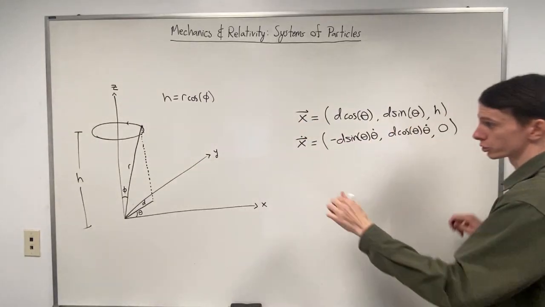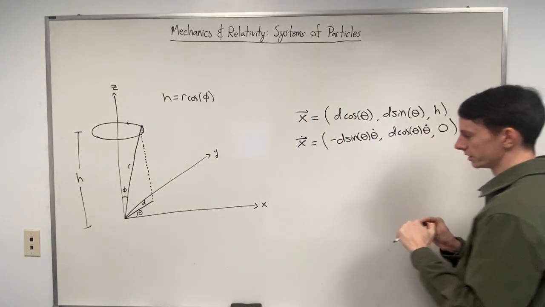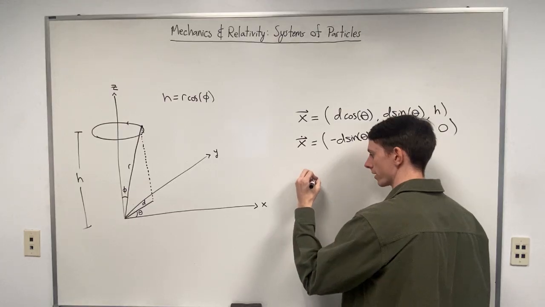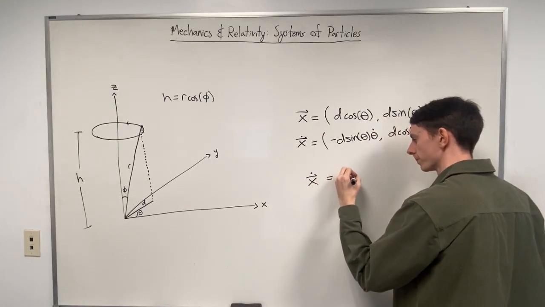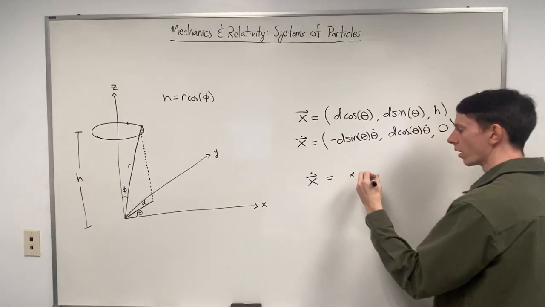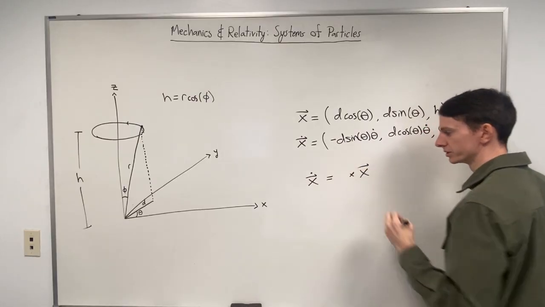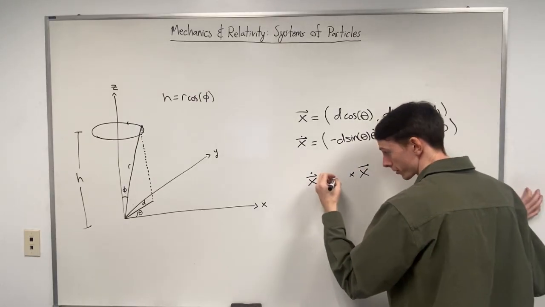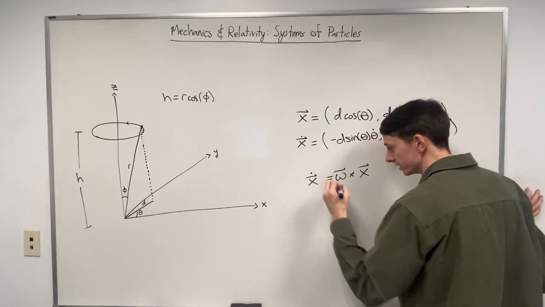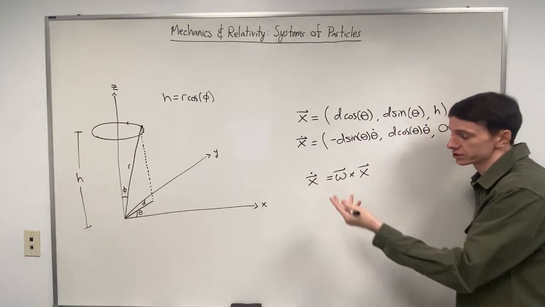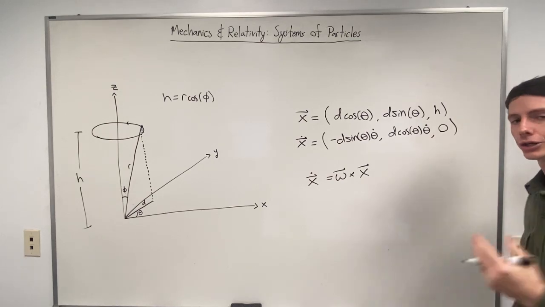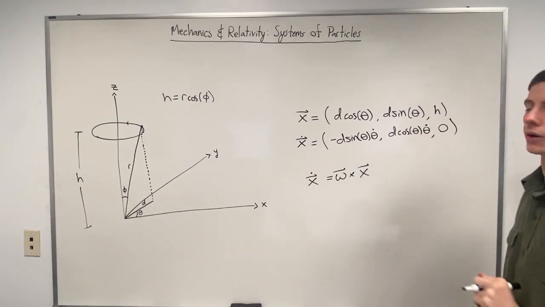The velocity of the particle is going to equal a cross product. One of the inputs to the cross product is the position vector. The other, the first input, is this additional vector omega, okay? And it turns out that omega is the angular velocity of this particle.